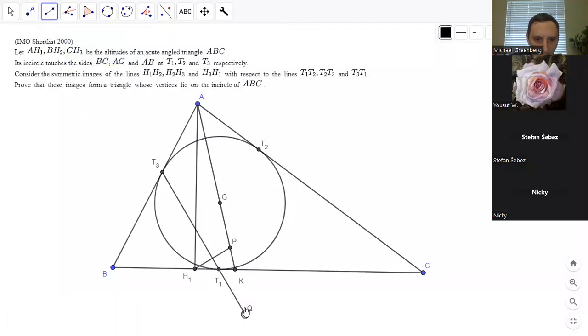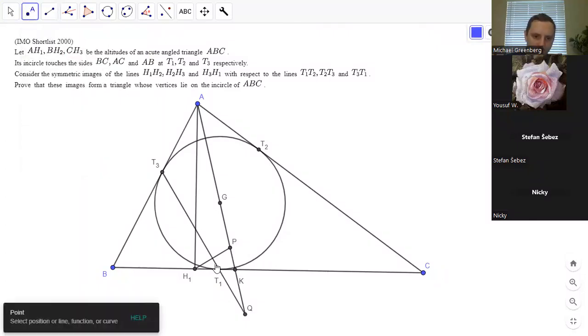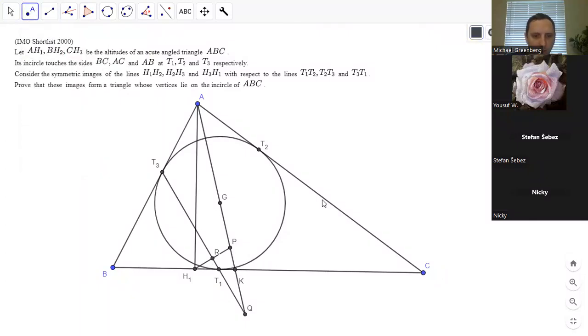So we want to show QP equals QH1. That's one way to say it.